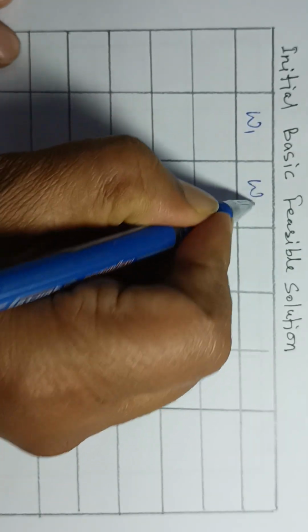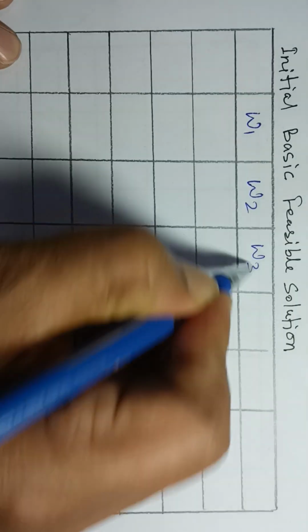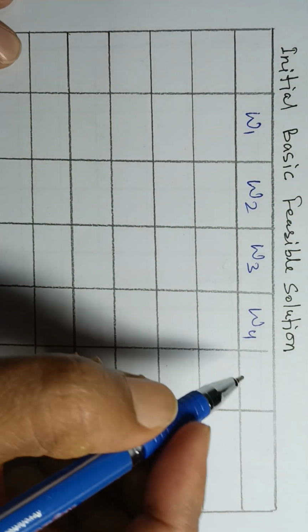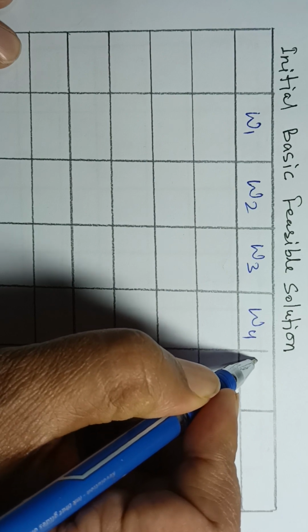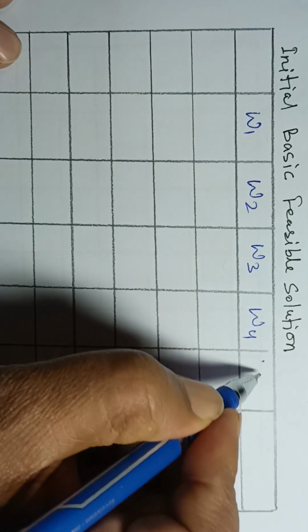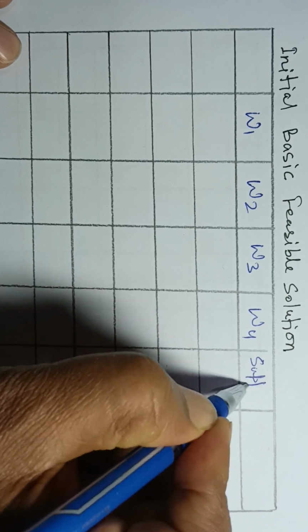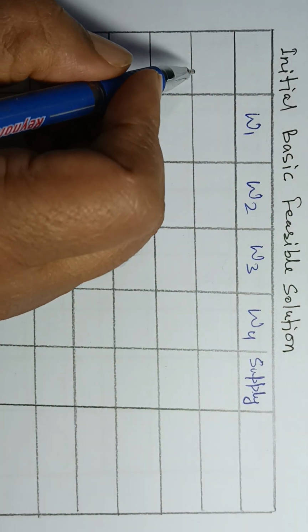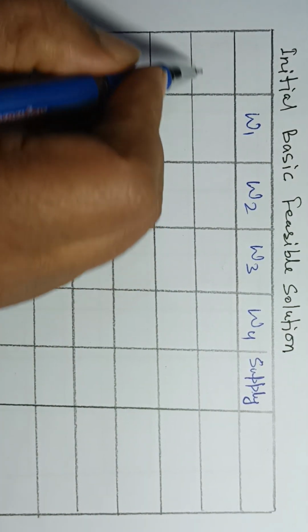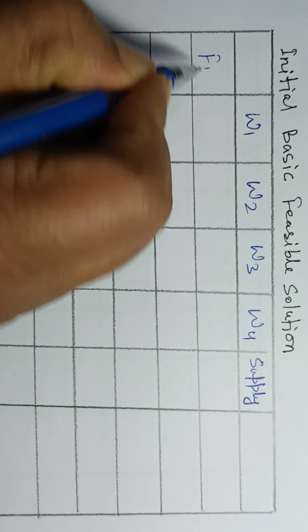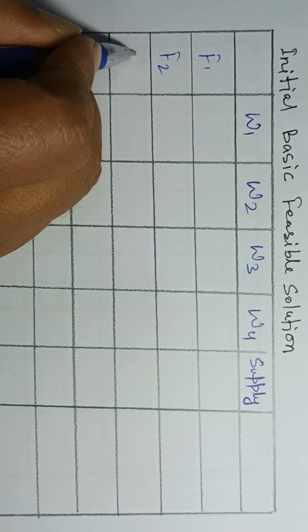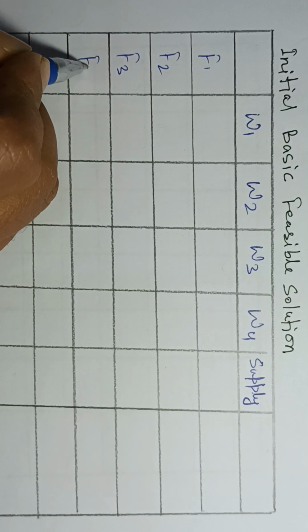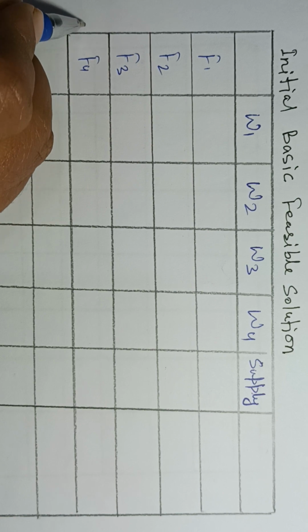W1, W2, W3, W4 and supply or capacity. So I am writing here supply, here F1, F2, F3 and F4. F4 is dummy one.